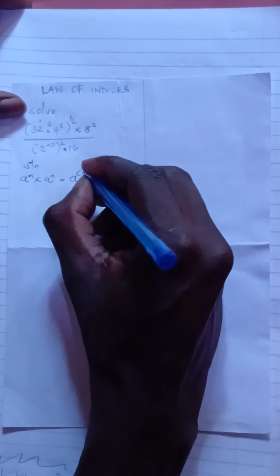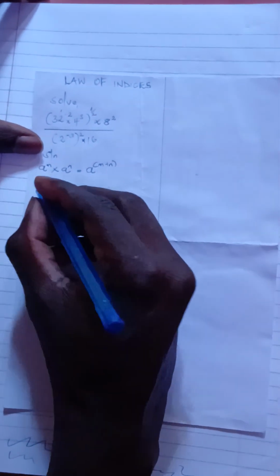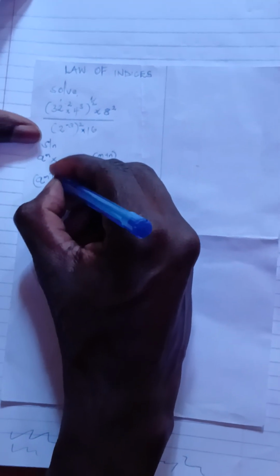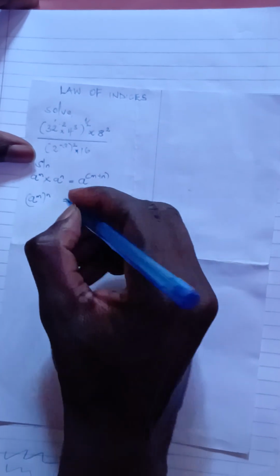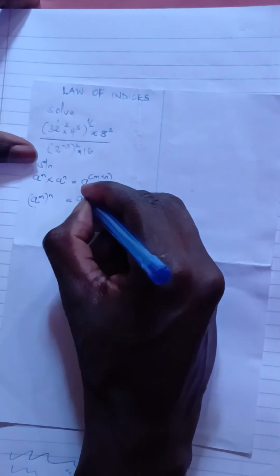So this means m, we add n. Another case, if we have a base with an index, then raised to another power, this means that we of course multiply the powers.